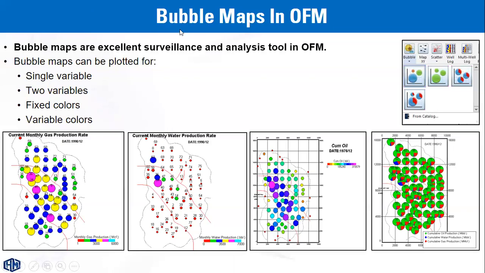Another important tool in OFM, which is the bubble mapping. In bubble mapping, we can highlight and we can display bubble maps for single or two variables like this.